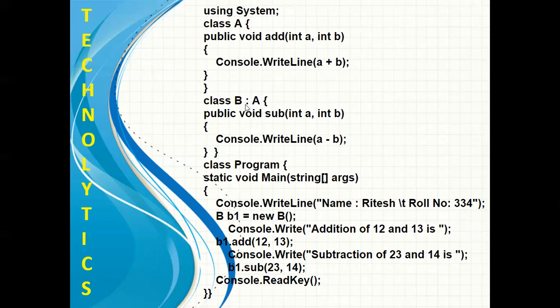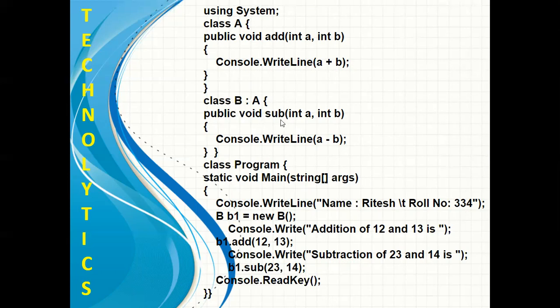Colon means we are trying to inherit some class. So B is your subclass and A is your superclass. Why? Because you are trying to inherit A class from B class. So all the fields and methods of A class can be used by class B.